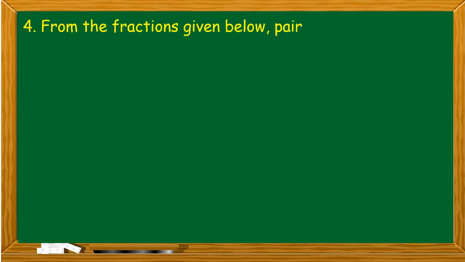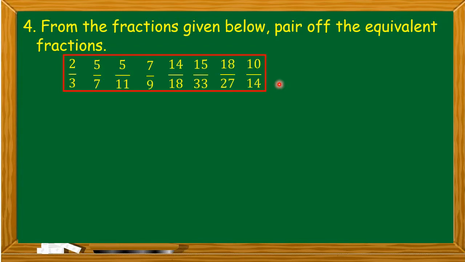Next question is, from the given fractions, pair off the equivalent fractions. Here some fractions are given in the box and we have to pair off the equivalent fractions. Let us take first fraction 2 upon 3.